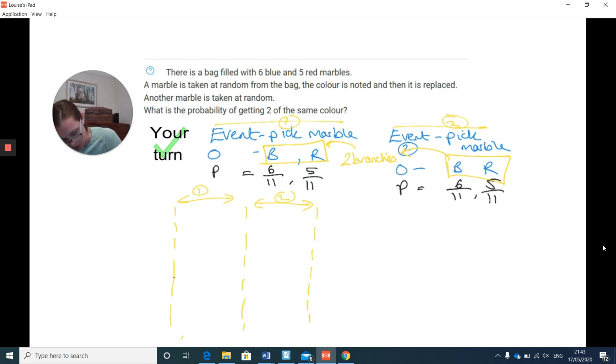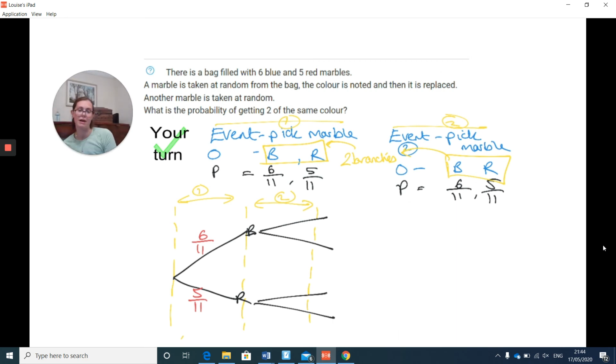So in event 1, we said there were 2 branches, here and here, blue and red, with the probability 6/11 and 5/11. And then you can also have 2 branches coming out for each of those, because event 2 has 2 outcomes, blue and red, and then again blue and red. You repeat it. So I've got 6/11 and 5/11, 6/11 and 5/11. Okay, so each of those have got 2 branches.